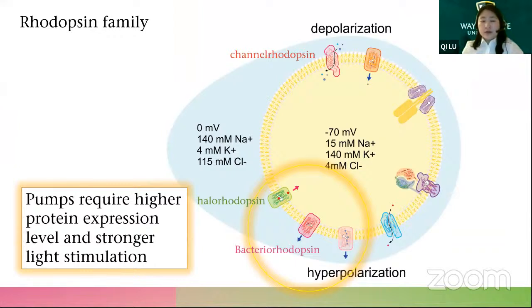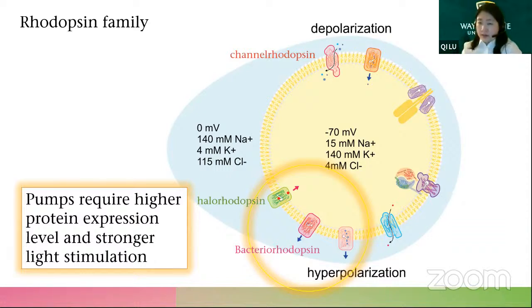The whole rhodopsin family includes, for example, the chloride pump, and the proton pump that pumps protons out, the bacterial rhodopsin, as well as the sodium pump and the chloride channels, and the channelrhodopsin, the cation channel that causes cations to flux into the cell, and the proton pump that can depolarize the cell, and also the rhodopsin linked to PDE, phosphodiesterase.